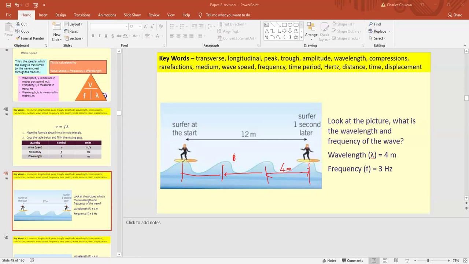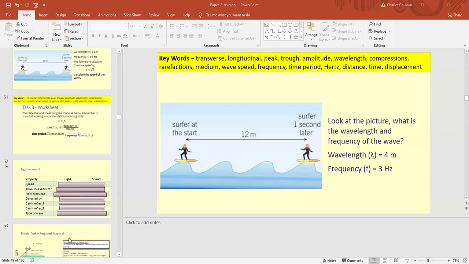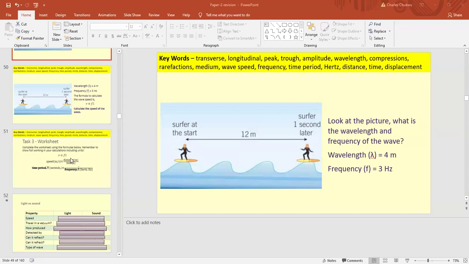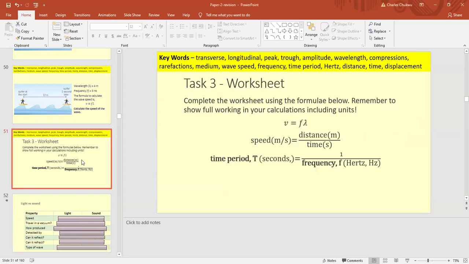From one peak to another peak, okay? All right, so moving on. Do you have any questions so far? Any questions so far? No.